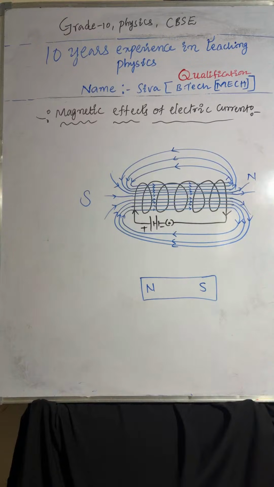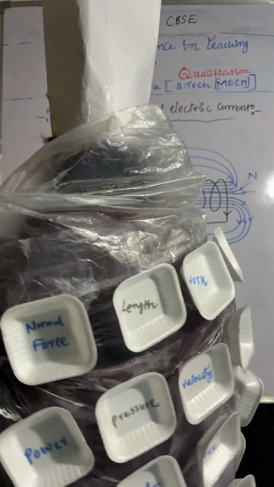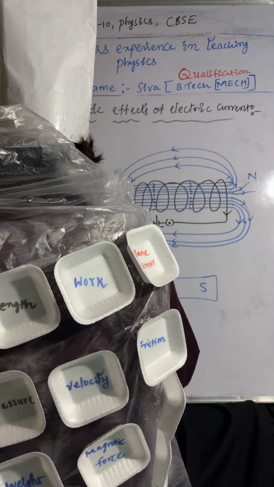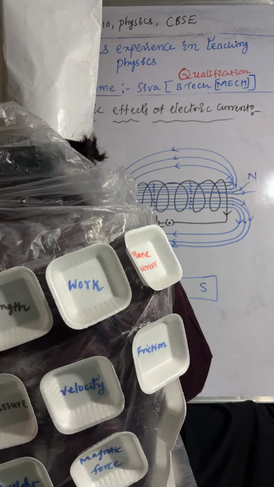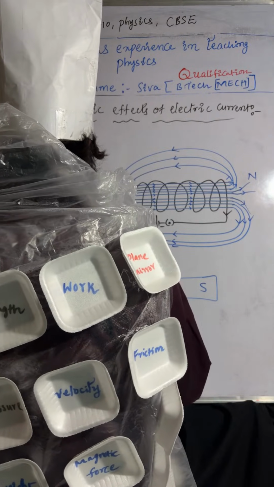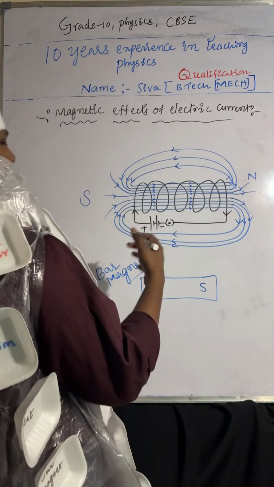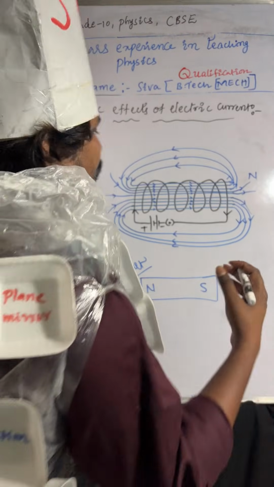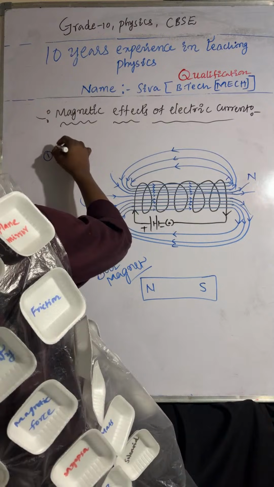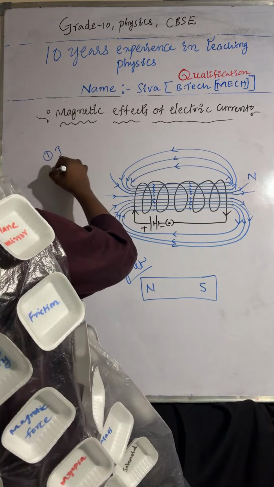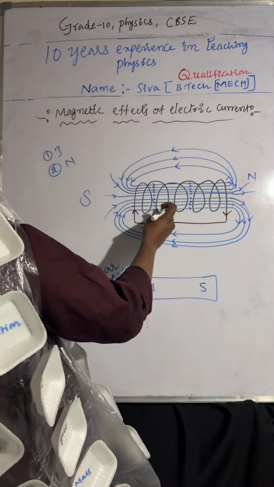Point number 1: in the bar magnet, the magnetic field is fixed. In the solenoid, we can change the magnetic field. We can increase the magnetic field by increasing the current, the number of turns, and the air gap between the turns also.